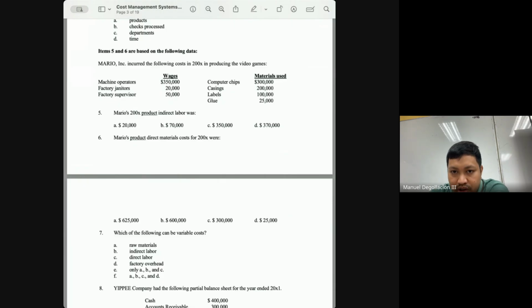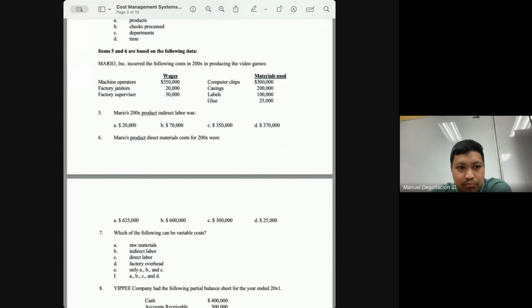Machine operators, yes. Factory janitors, class, this is indirect. Factory supervisor would also be part of your indirect cost. So the answer here would be letter B, 70,000.